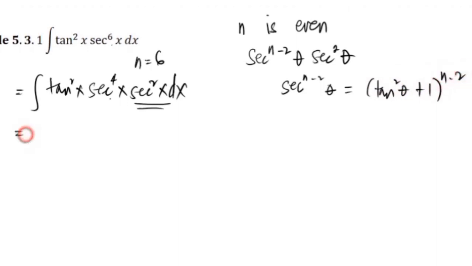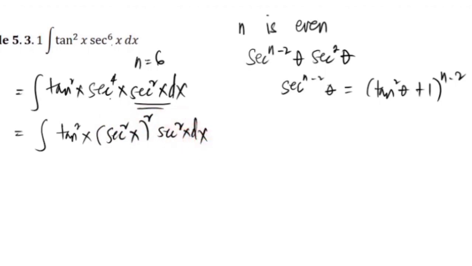So that would be the integral of tangent squared x, etong si secant to the 4th ay pwede nating sabihin na secant squared x raised to 2 times secant squared x dx.